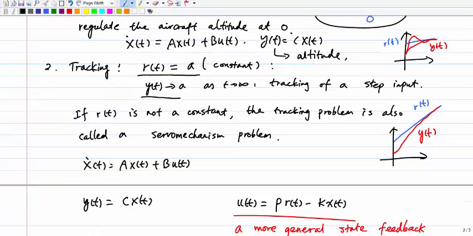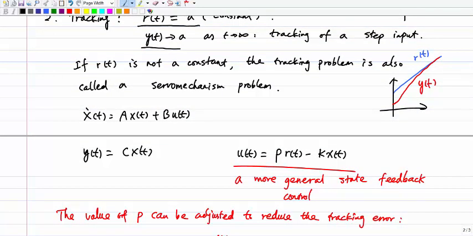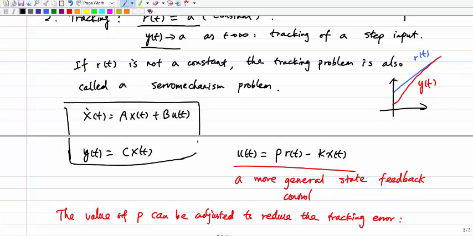For this one, there's a more general state feedback law. We're still talking about this linearized system, the LTI system, linear time invariant system. Originally the state feedback law is given by u(t), which is r(t) minus Kx(t).